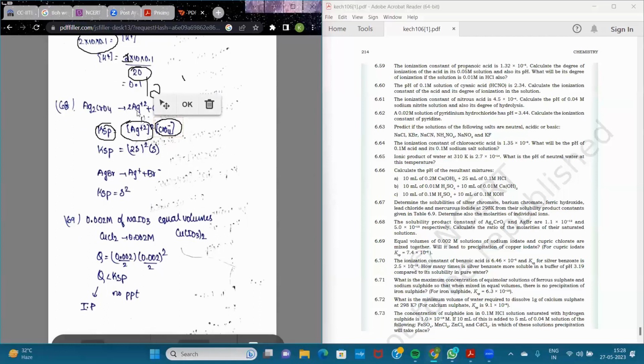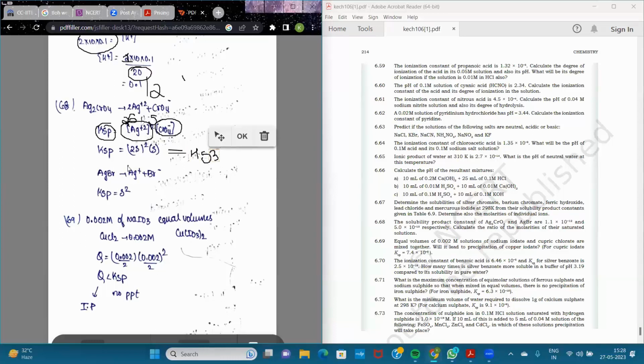Solubility is S, so the amount of Ag plus present is 2S, and the amount of chromate ion present in solution is S. So for Ksp, we'll substitute these values, 2S whole square and S. We'll get an expression of 4S cube. On substituting the Ksp values and doing the calculation, we can find the solubility of Ag2CrO4.